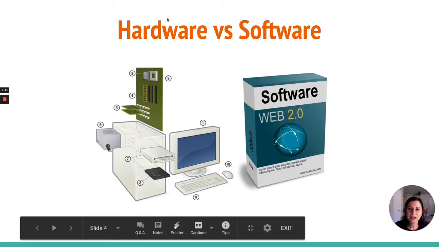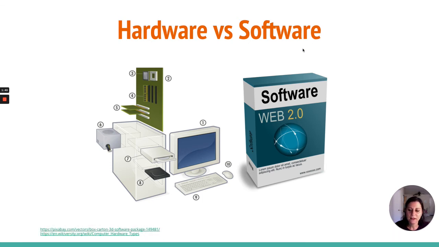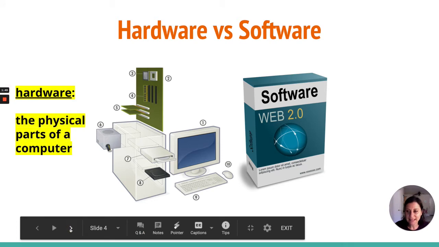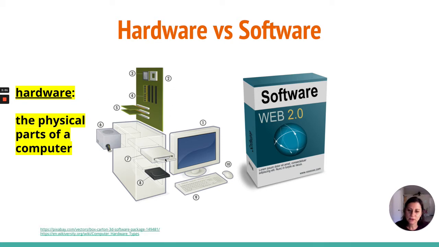Now I'd like to talk about the difference between hardware and software. Hardware is the physical parts of a computer, like the monitor, the keyboard, the CPU, the drives. Okay, these are the physical parts of a computer.